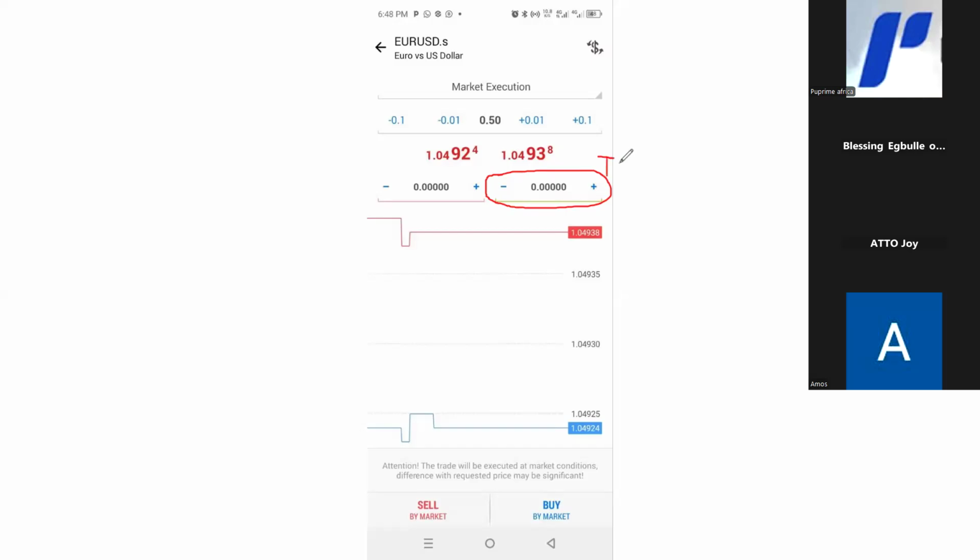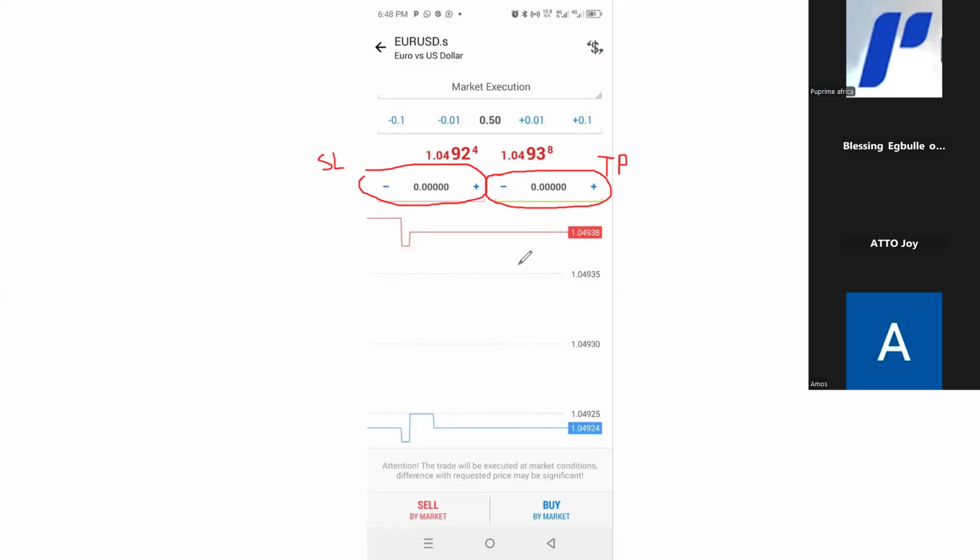Don't forget that the right side is the take profit, and the one on the left side is the stop loss. You can see that nowhere are these things written. That's the way the manufacturers of this app did it. Except for market execution, you're not going to see much detail after that. So take profit on the right, stop loss on the left.